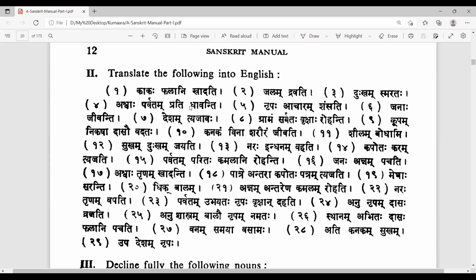Means near the well two servants are talking. Kameshwari: कनकं विना शरीरं जीवति.